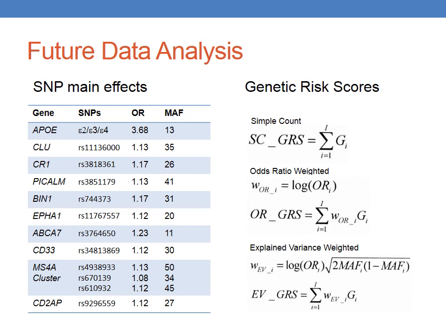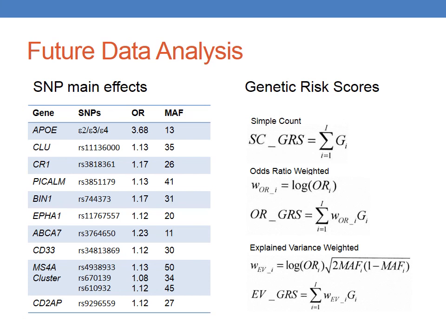However, this measure makes the presumption that each SNP is contributing equally to the phenotype you're investigating. As you can see by looking at the odds ratios for our SNPs, this is not the case, especially for APOE. So what you can then do is weight each individual risk allele based on the odds ratios, which is the second method of calculating a genetic risk score.